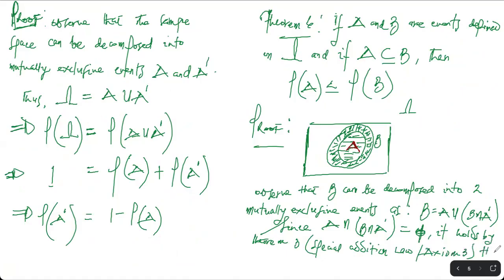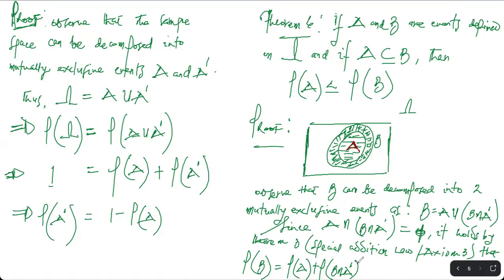That's the probability of both sides, right? So the probability of B will be equal to the probability of A plus the probability of B intersection A prime.